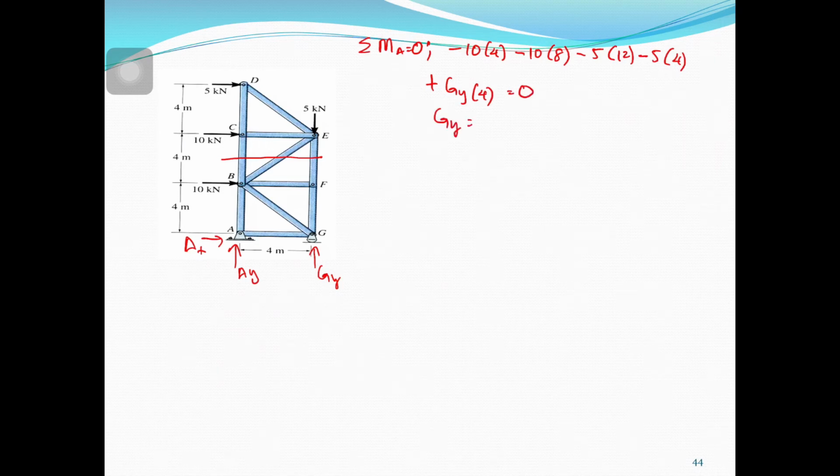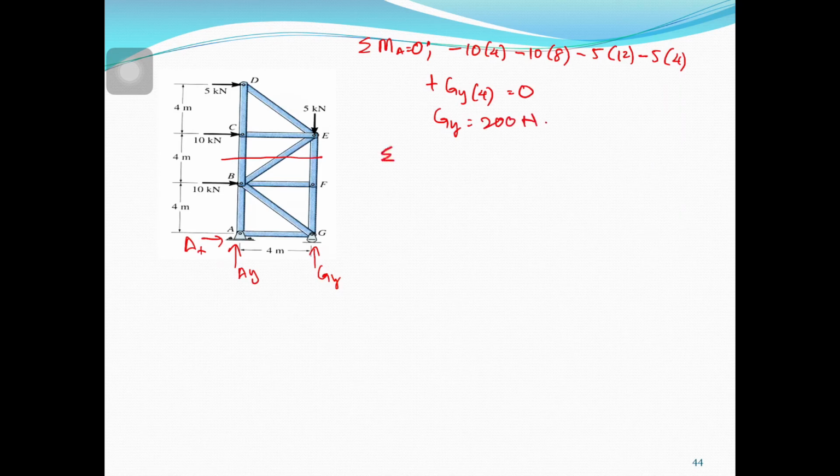Gy is basically equal to 40 plus 80 plus 60 plus 20. So you have 200. Gy is 200 Newton.